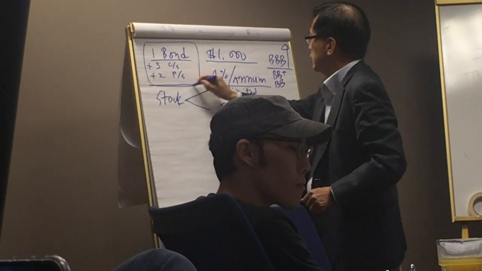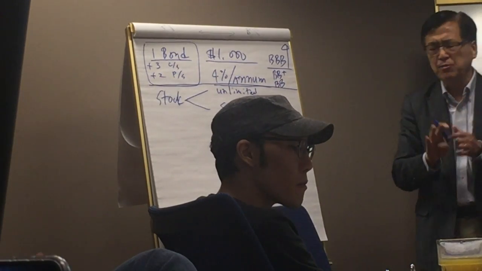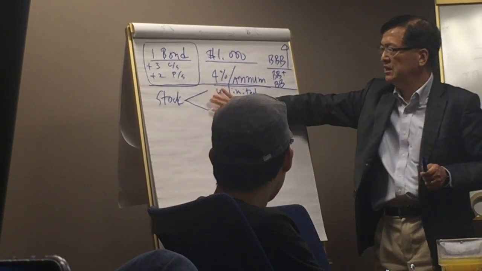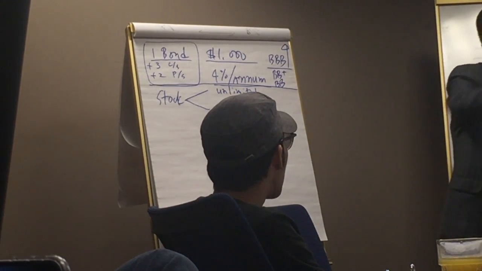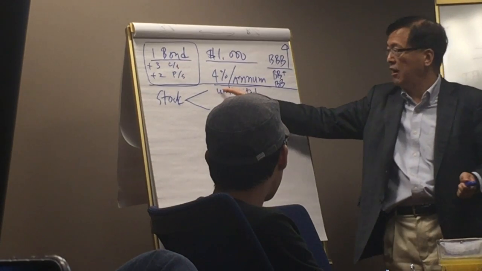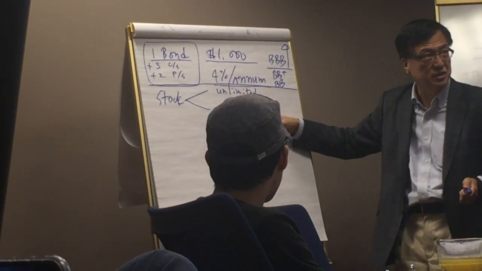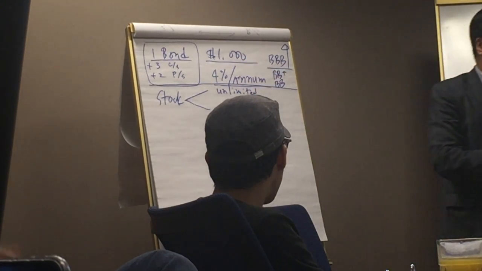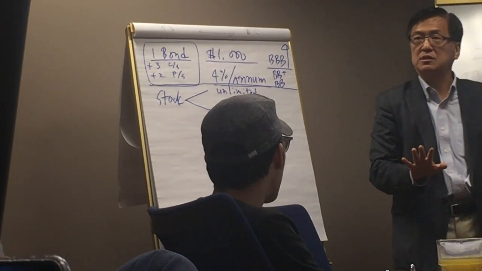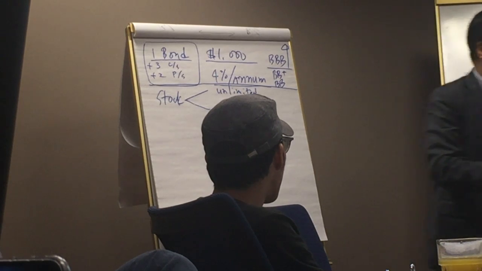So here, for reading financial statements, stock investors are rigorous. They will dissect all financial statements to find out the chances for this, chances for that. But if you're a bond investor, you don't need rigorous analysis.